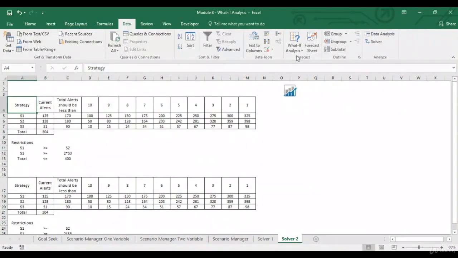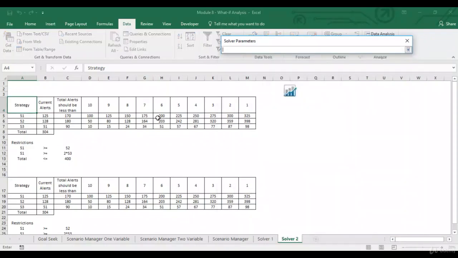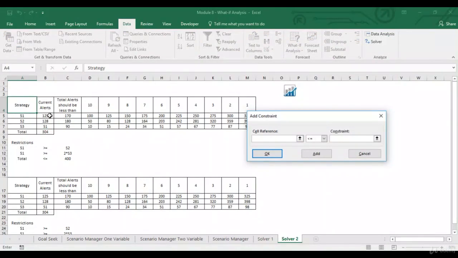So let's go to Solver. So our objective is that this particular sum should be less than or equal to 400 by changing these values. Now we'll add the constraints. So the first constraint is this should be less than or equal to 170, add.